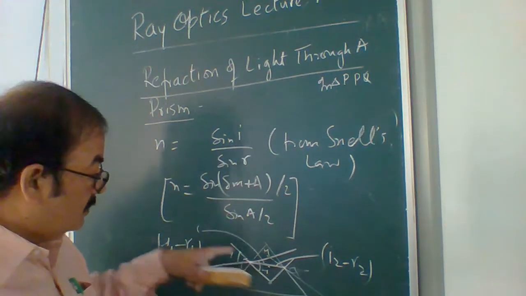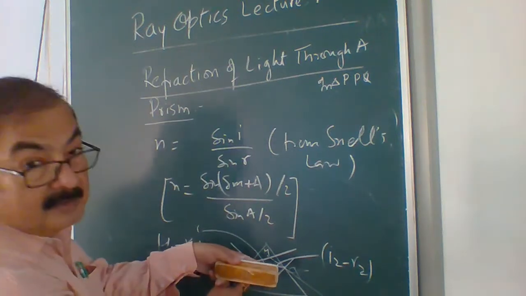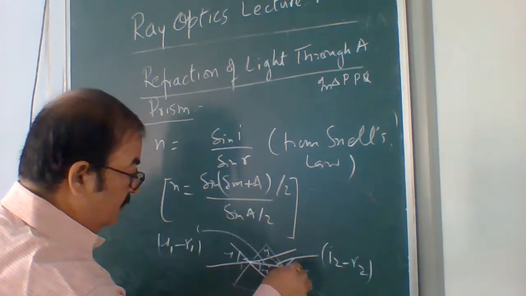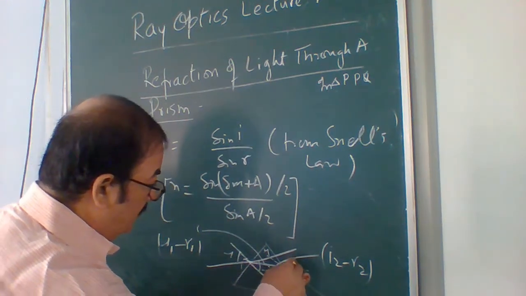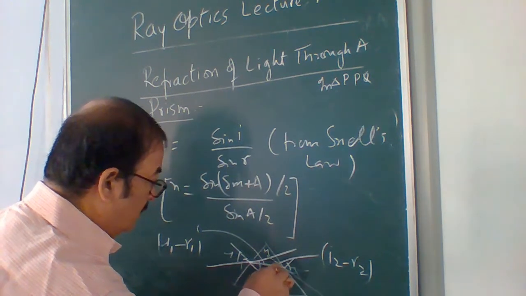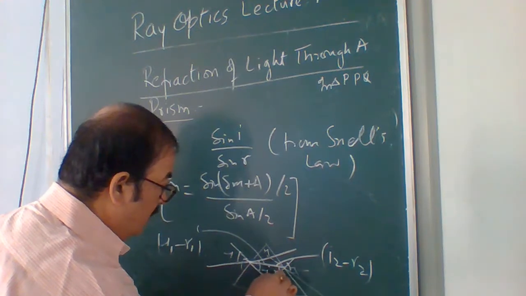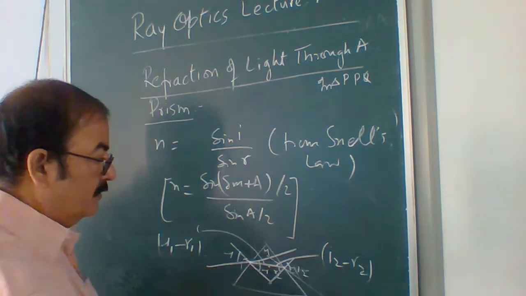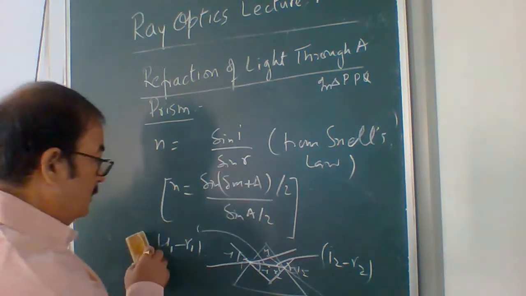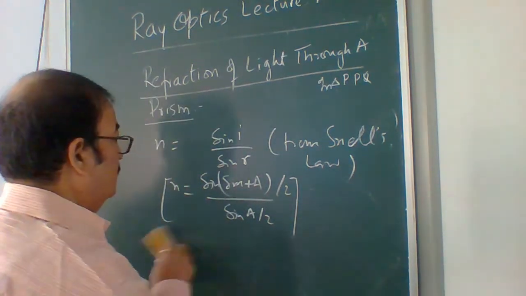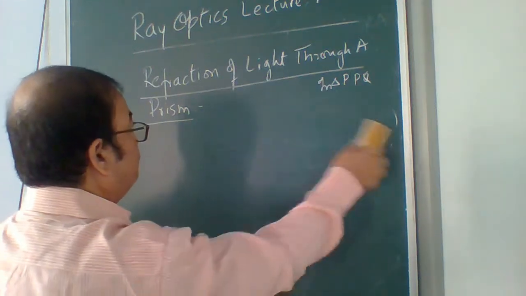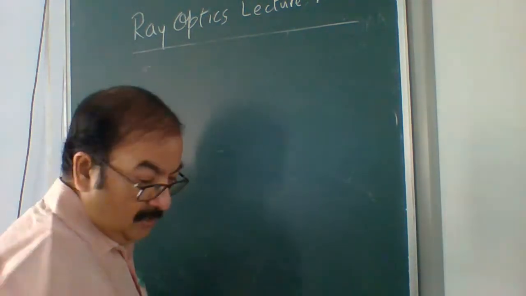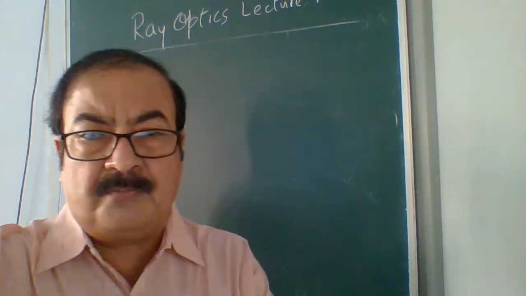But this angle is your I1 minus R1. ये पूरा जो एंगल है, ये एंगुलर इमर्जेंस है. ठीक है, तो एंगुलर इमर्जेंस से इतना माइनस कर देंगे, R2 माइनस I2. So this is your angle, and in that way you have determined the prism formula, and we have seen how we get the calculation for the prism formula.